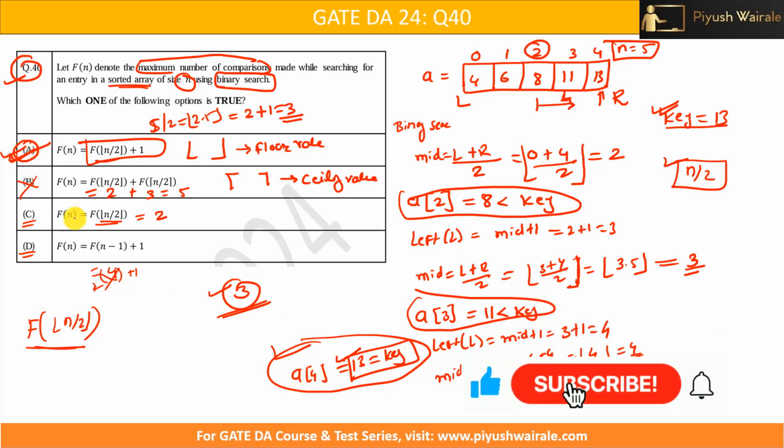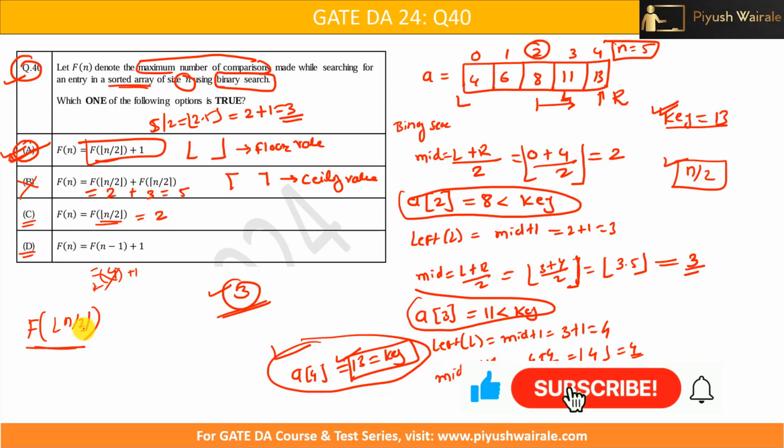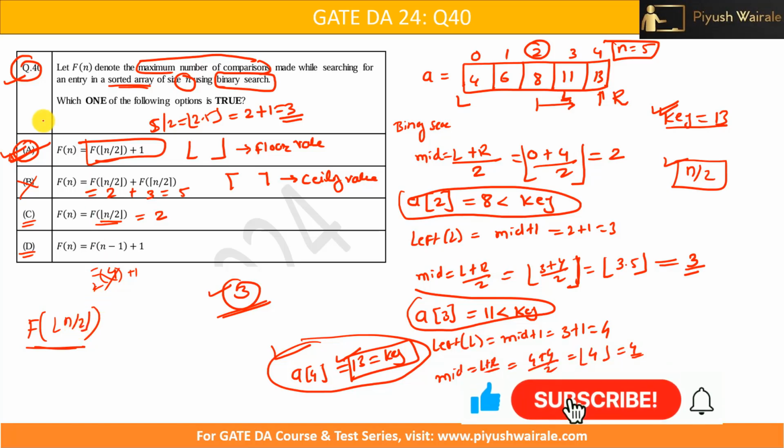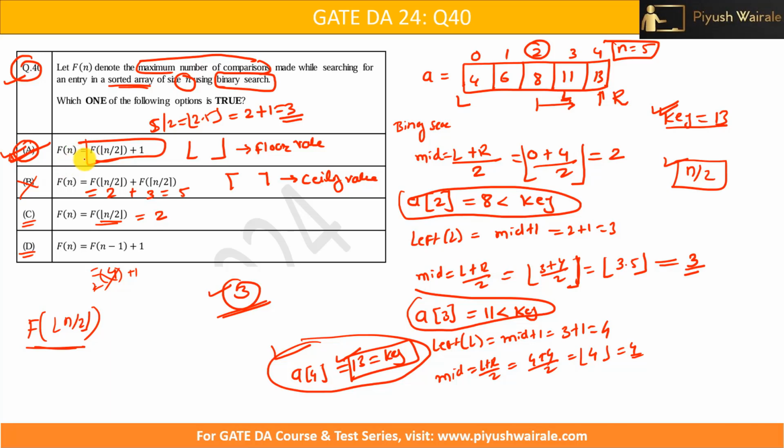So that's why it is f of the floor value of n by 2, because in every search we are just reducing the size by n by 2, right? So that's why this particular option, f of the floor value of n by 2 plus 1, is correct, right?